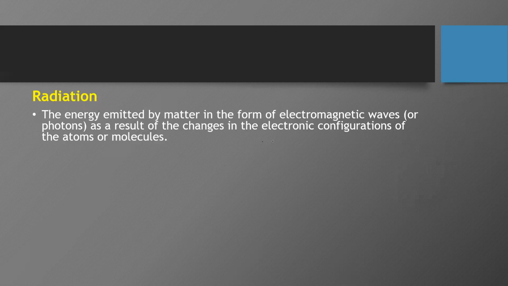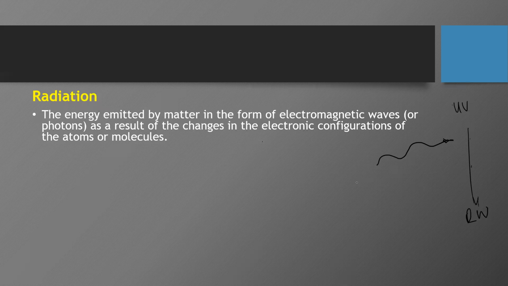So those changing electronic configurations will emit electromagnetic waves, starting from UV to radio waves. There are a lot of waves in different wavelengths.